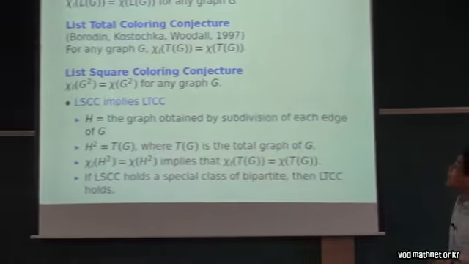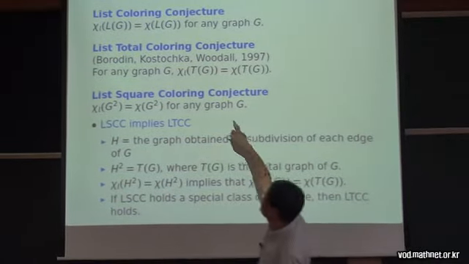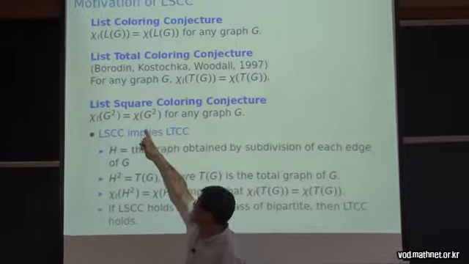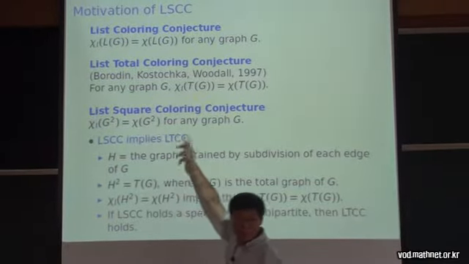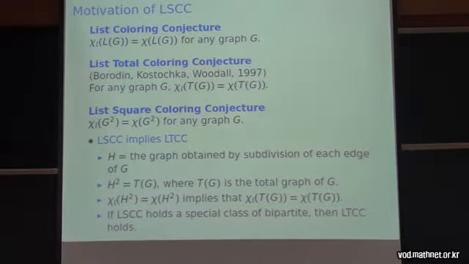And then, what is the motivation of the list square coloring conjecture? Actually, this conjecture is related to the conjecture I mentioned just before. The original interesting conjecture is the list coloring conjecture: every line graph is chromatic-choosable. And there's also the list total coloring conjecture.